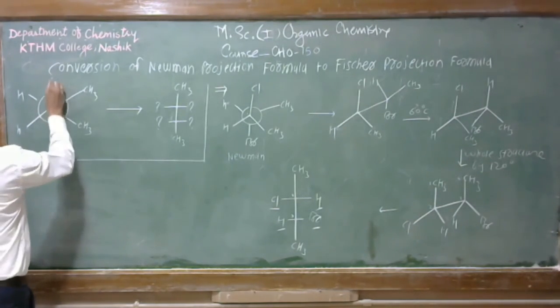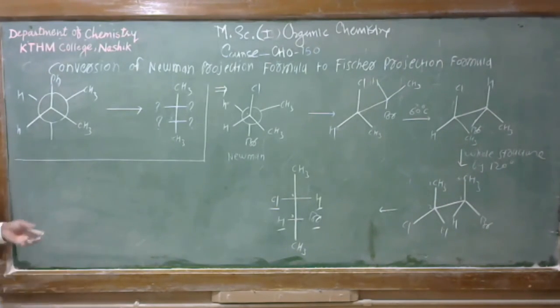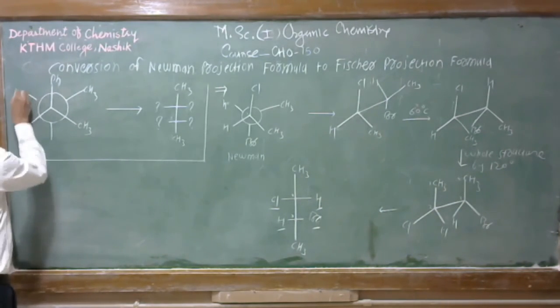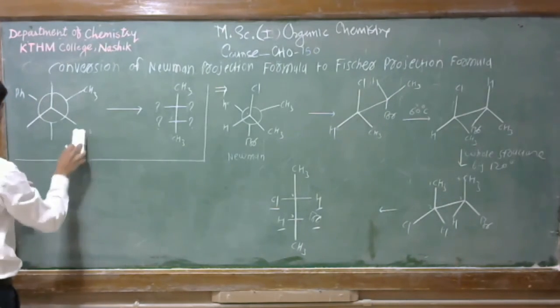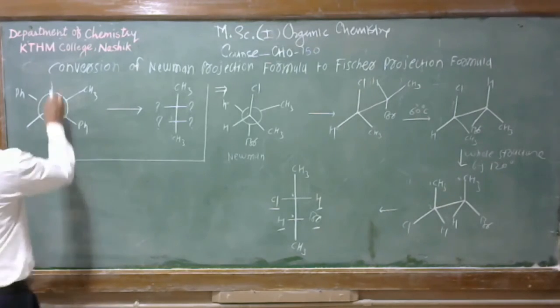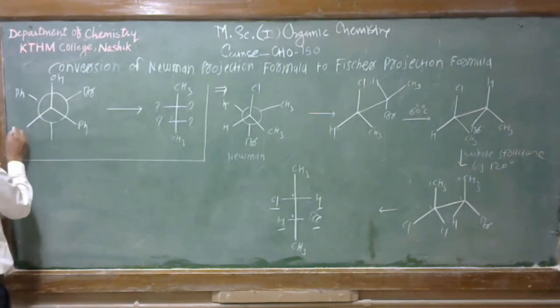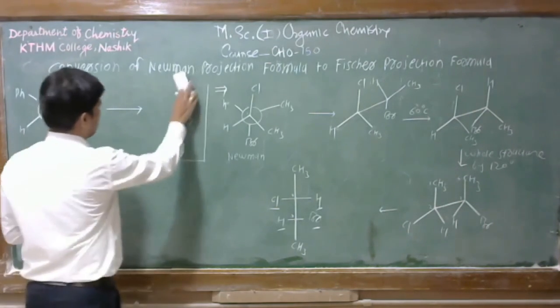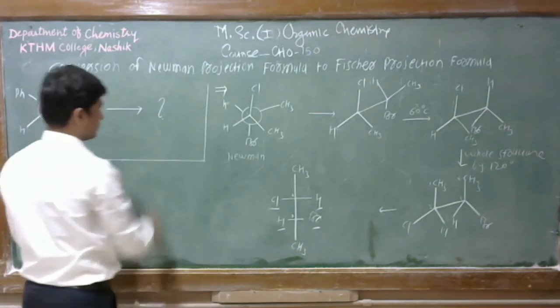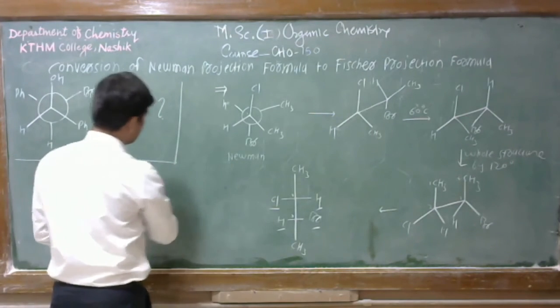See, here is the Ph, here is the Ph, here is again Ph, these are the 2 hydrogen, this is OH, this is Br, these are the 2 hydrogen. So this is hydrogen, and which structure will be there in a Fischer projection formula?